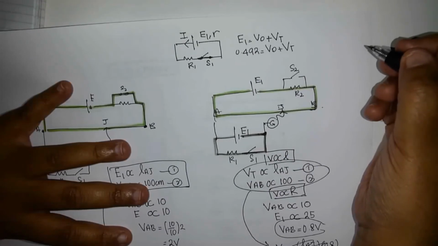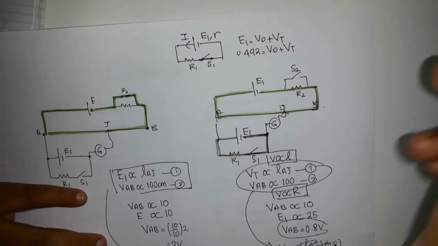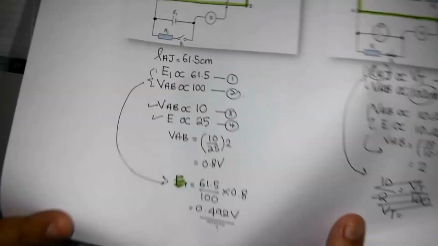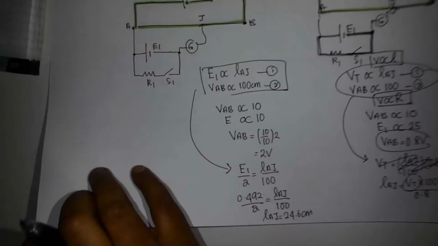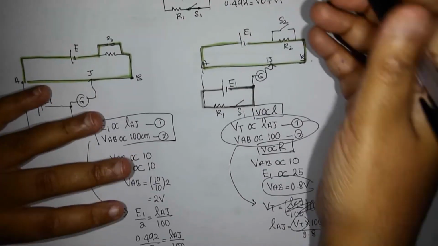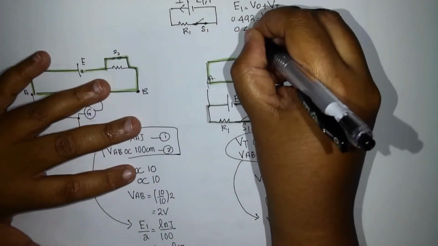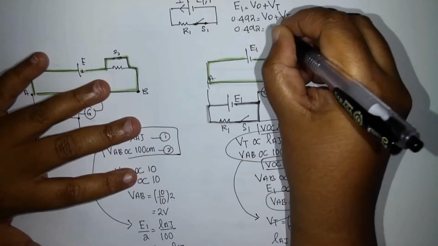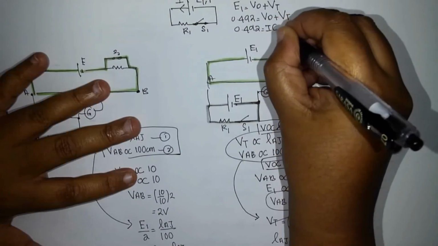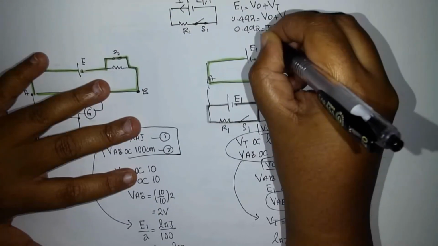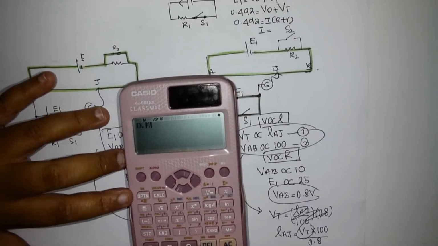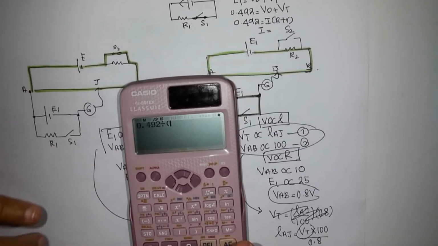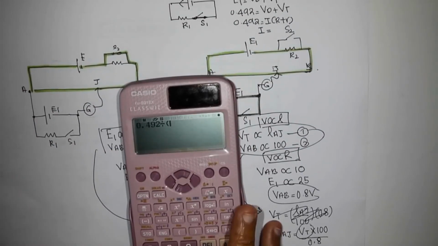Okay, and we know this now from our calculation. The internal resistance is 7.3 ohm. Alright, so 0.492, we get I(R + r). So we get I equals 0.492 divided by (R1 + r).